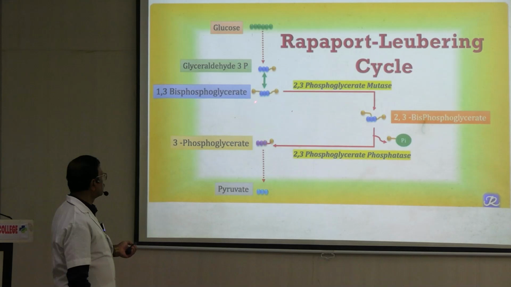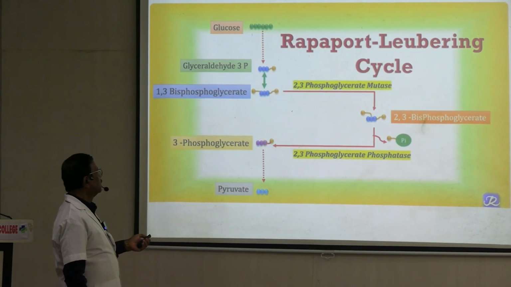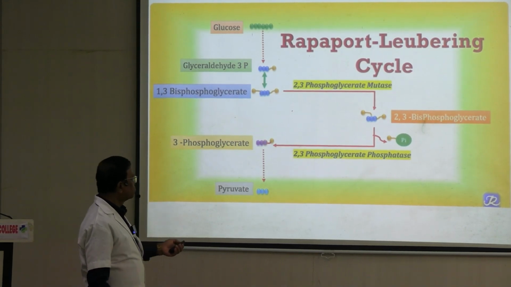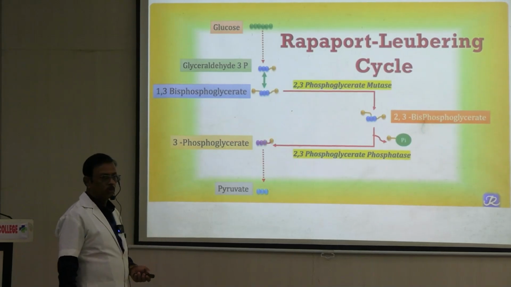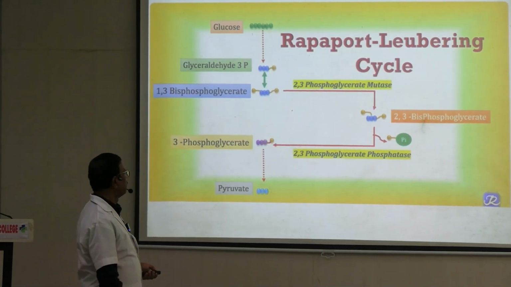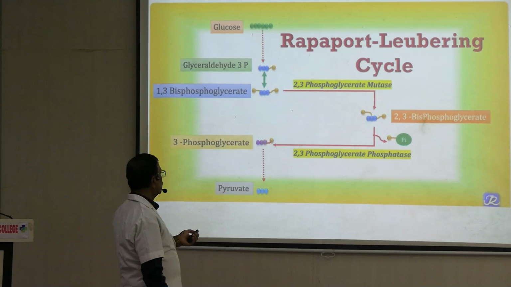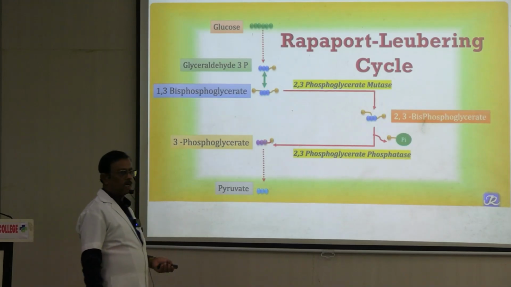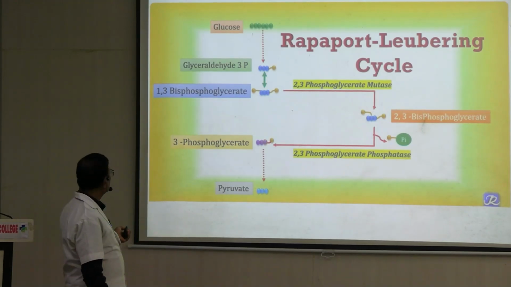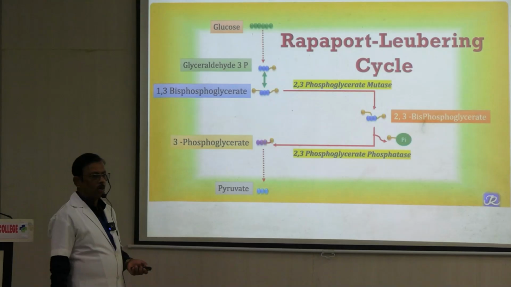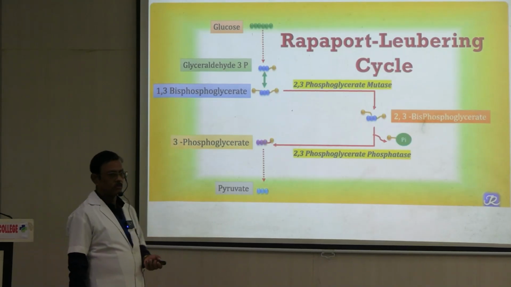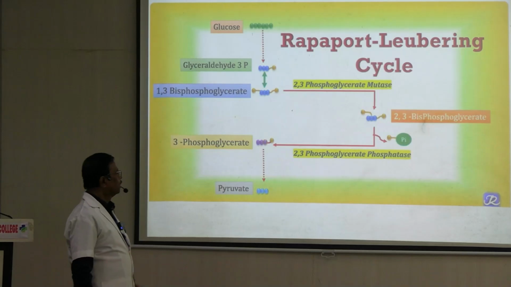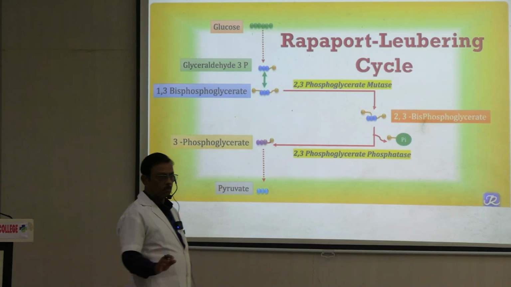This 1,3-bisphosphoglycerate is converted into 2,3-bisphosphoglycerate by 2,3-bisphosphoglycerate mutase. So this mutase enzyme shifts the phosphate group from carbon number 1 to carbon number 2. So 2,3-bisphosphoglycerate is produced.